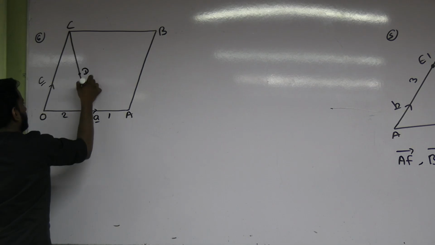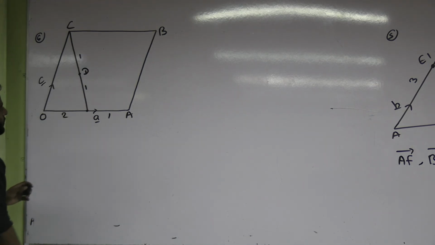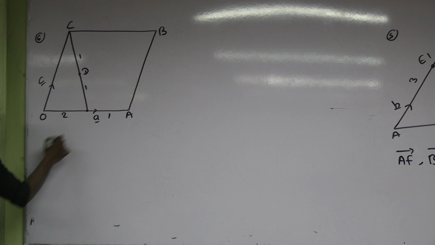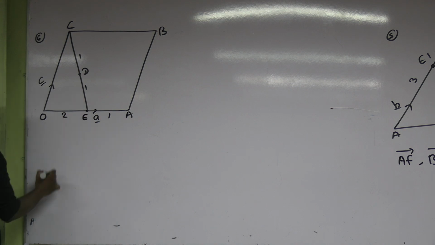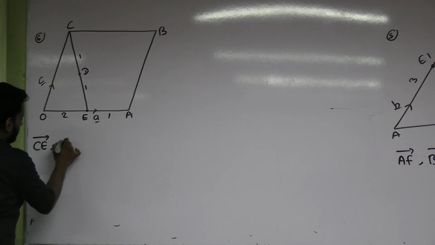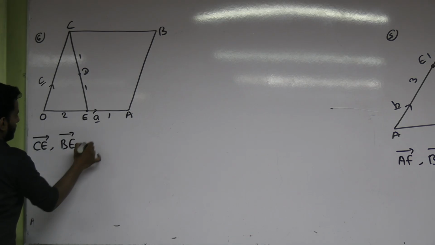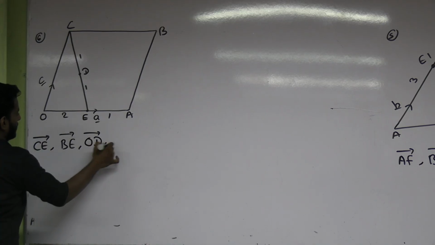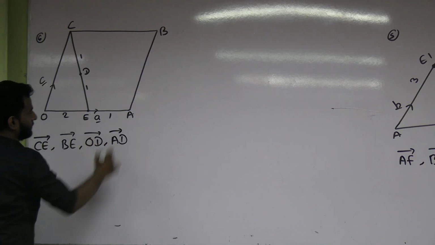And this is D, this is 1 to 1. This is E. You are supposed to find the vector CE and the vector BE, the vector OD and AD.